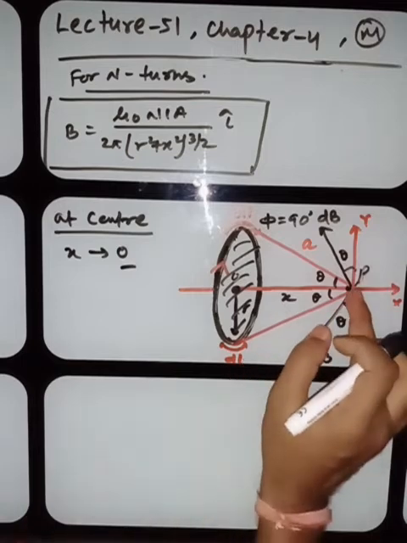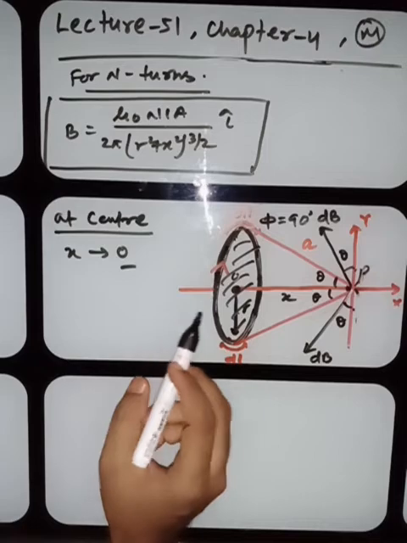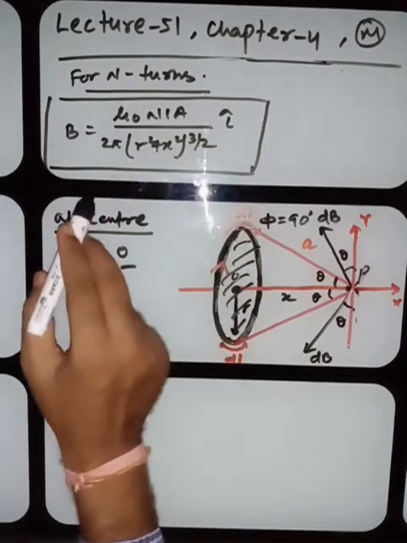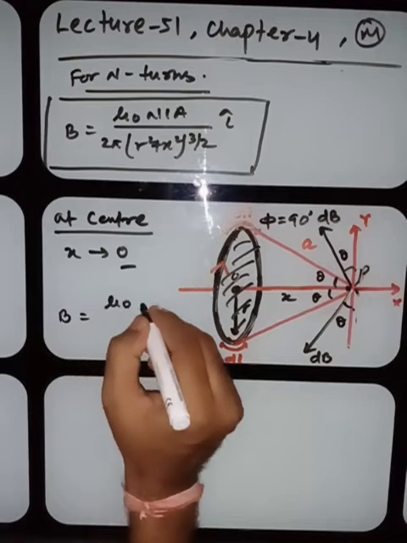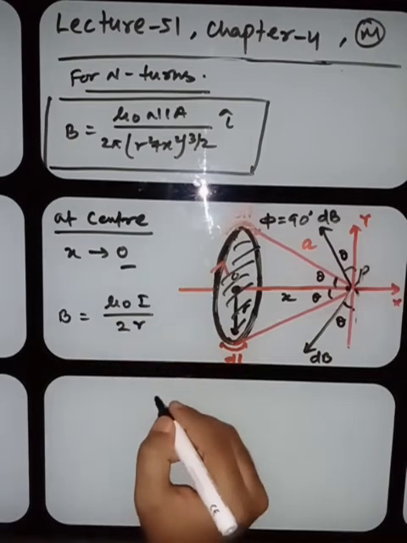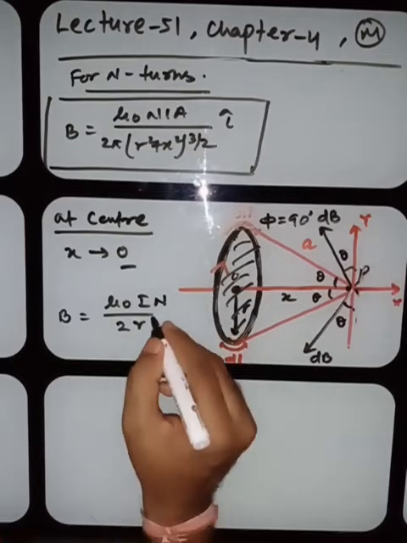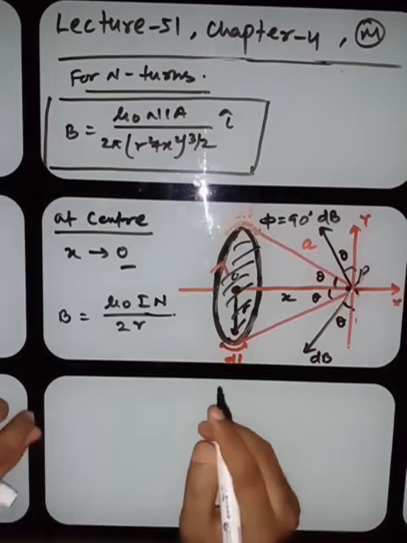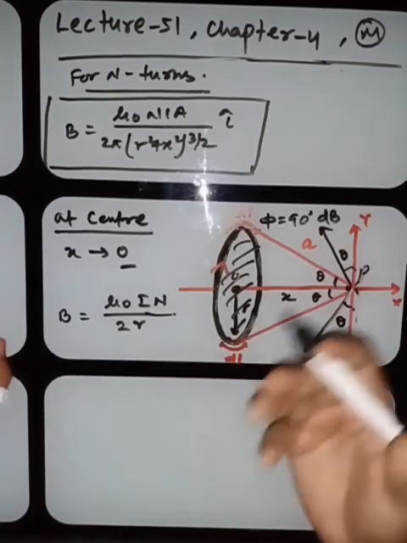If x is 0, this point will come to the center. So you have to put the value of x as 0 in the equation and you'll get the answer, B equals mu naught I by 2R. And for n turns you will get the answer, it is multiplied by n. Nothing is very difficult, so you can do it by yourself.